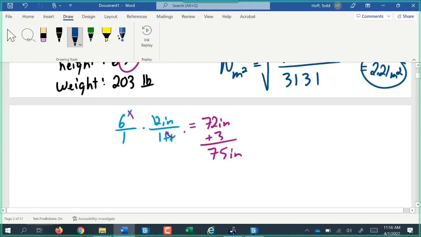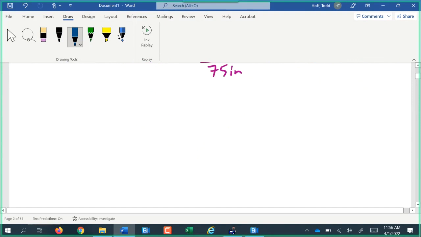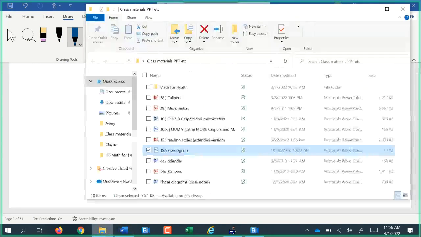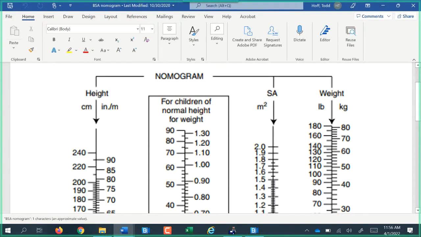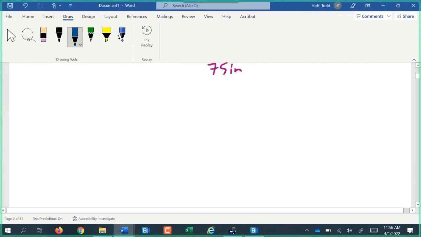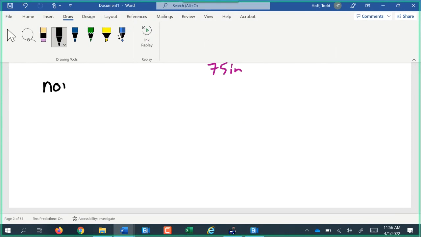Now, the next thing we need to do, actually got to open this up off my desktop here. It's called a nomogram. We'll go back here and we'll write that out. A nomogram is a tool that is used for all sorts of things.